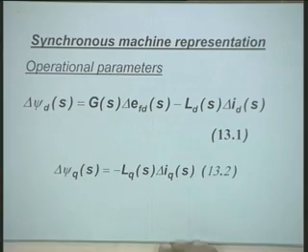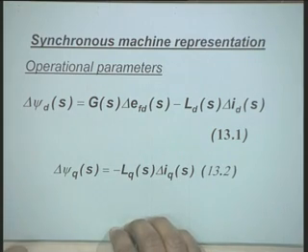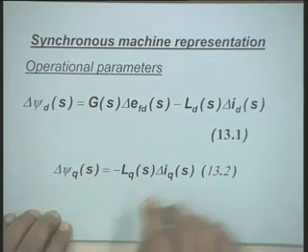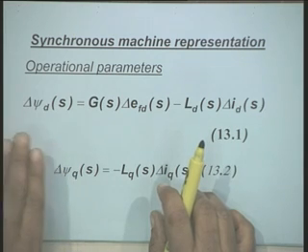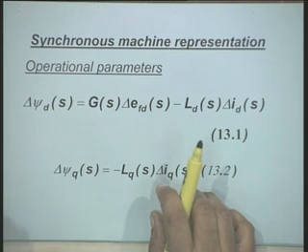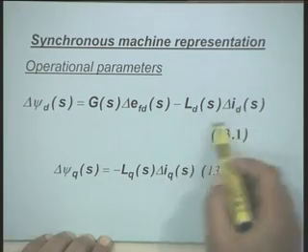Now, here suppose I perform a test on the synchronous generator with stator terminals open, that is under no load condition. When we perform a test where we consider the stator terminals open, then this term will be absent.